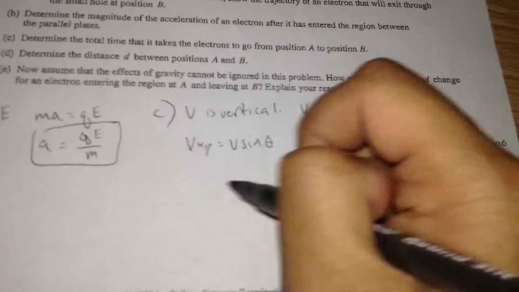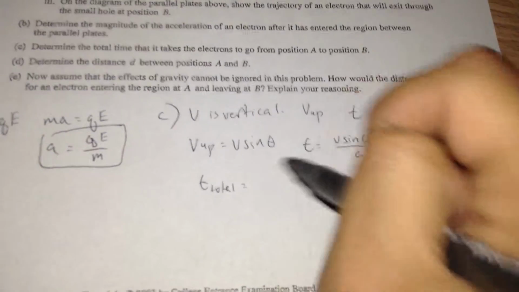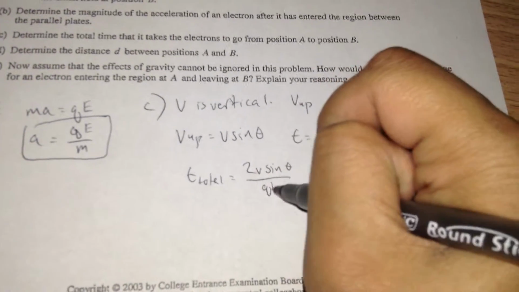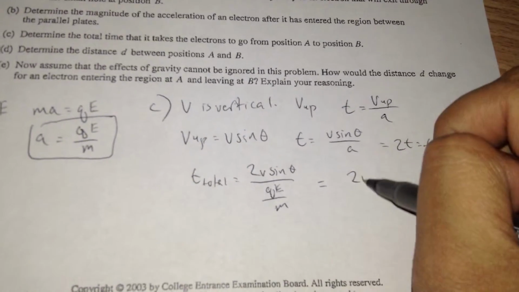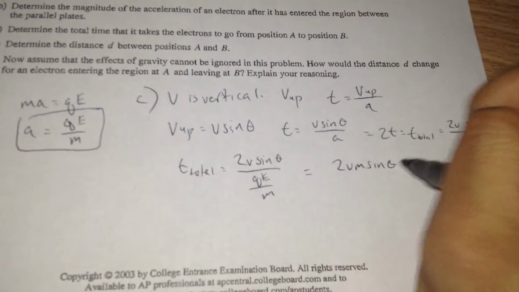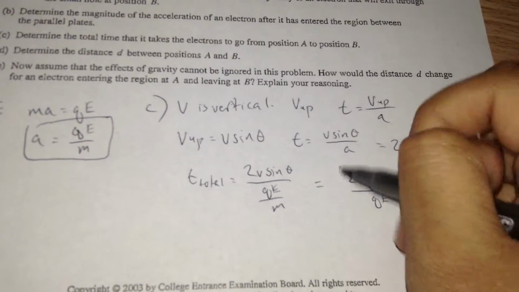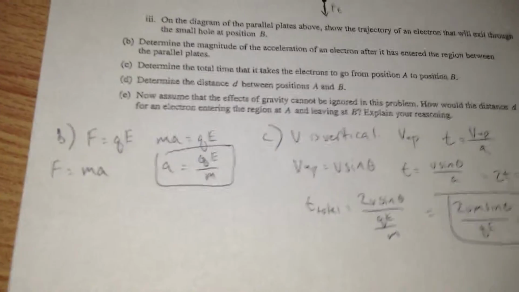And because we have a, which we found over there in part B, we'll have t total equals 2v sine theta over qE over m, which is 2vm sine theta over qE, which equals t total.